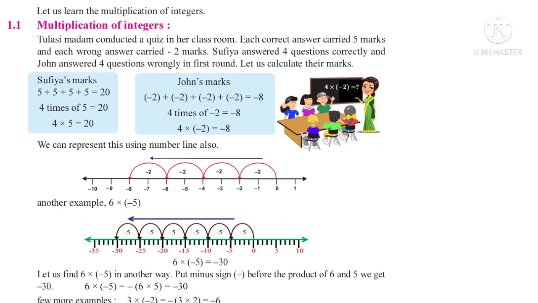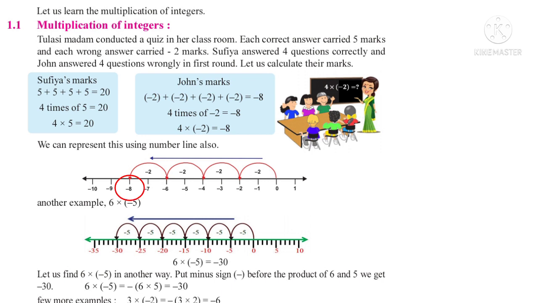We can also represent this using the number line. See the number line. 4 times -2 can be represented as follows: first we take a jump from 0 to -2 on the left side, and we make such jumps 4 times: -2, -2, -2, -2. At last we reach -8.